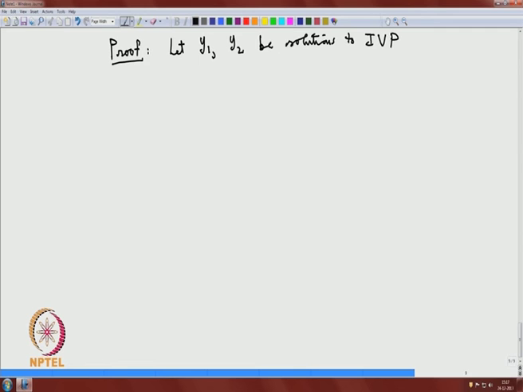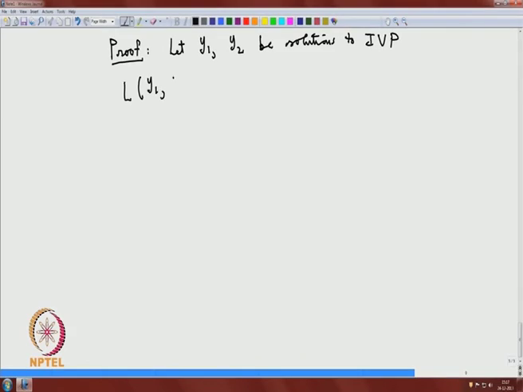The best method to get independent solutions is to put your initial conditions as independent vectors, y1 at t naught and y2 at t naught, y1 prime at t naught and y2 prime at t naught. Then the solutions themselves will be independent.